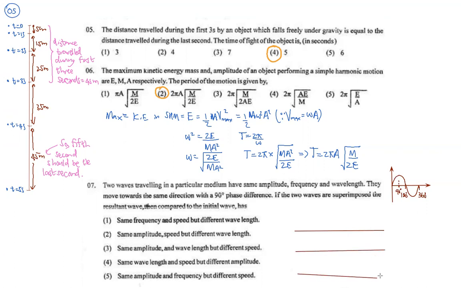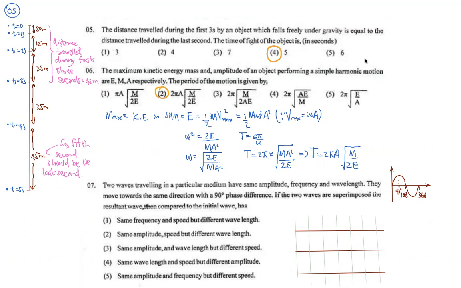Let's try to draw them. I think I should use reference lines, then it will be easier for us. I'm going to use reference lines so that it will be convenient for us to draw it and finish it off. The light green lines I'm drawing are the reference lines. They have the same amplitude, same wavelength, same frequency. That means they both look alike.